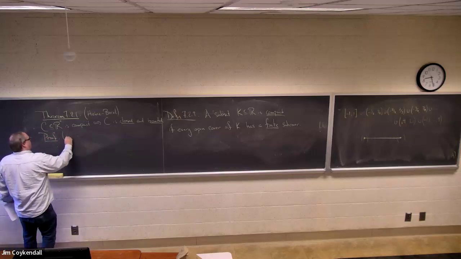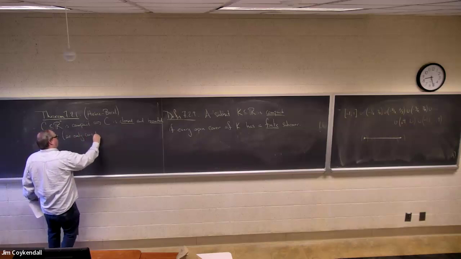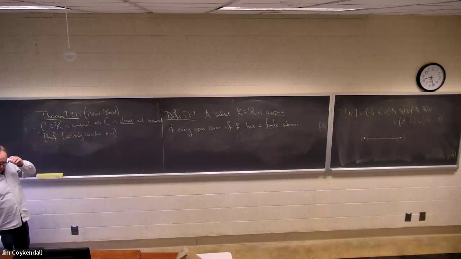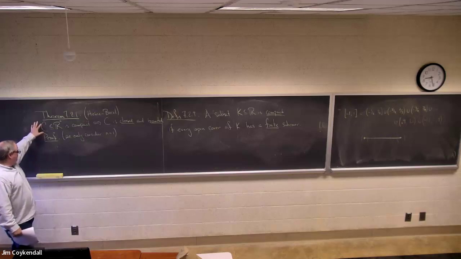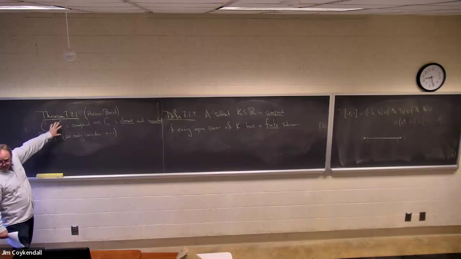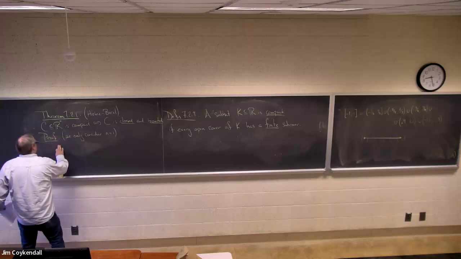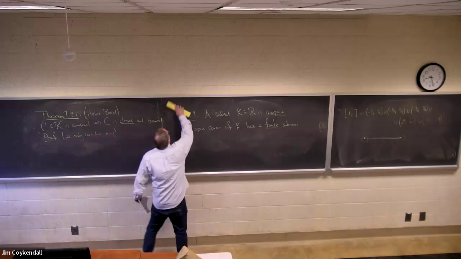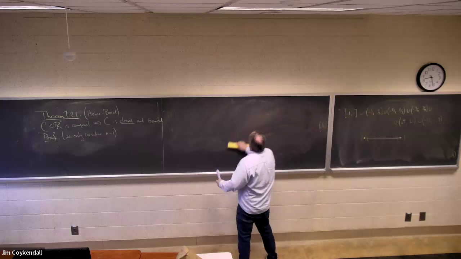So we only consider n equals 1, which is actually the important case, and I'm just going to focus on that here. So I'm going to look at a subset of the real line. I'm not going to worry about the plane or anything like that. So one direction is actually fairly straightforward.